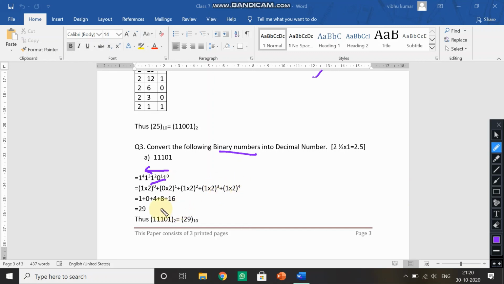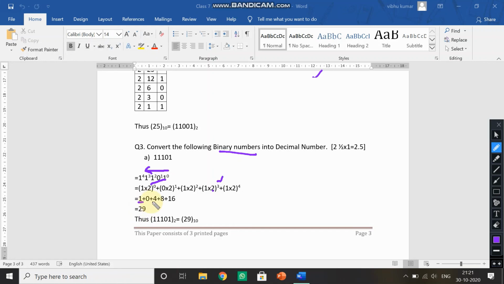When we multiply 1 into 2 power 0, it will come as 1, and when you multiply any number with 0, it will come as 0 only. And this way, 2 power 2 is 4, 2 power 3 is 8, and then again this will be 16.